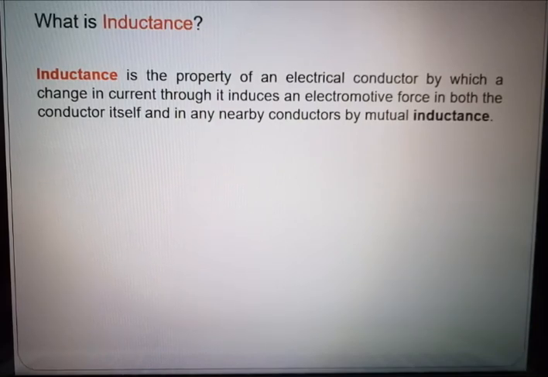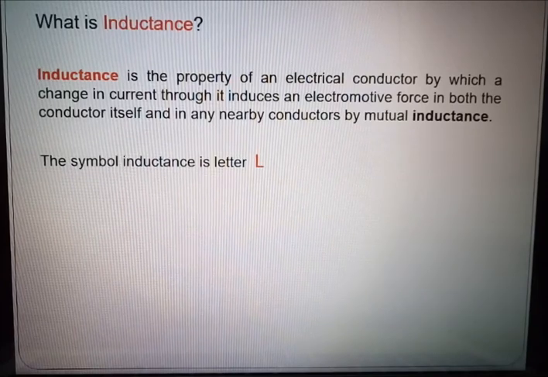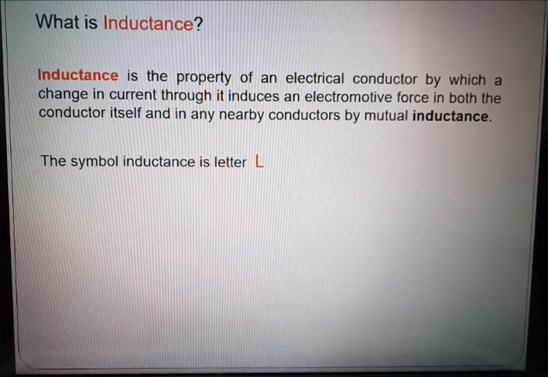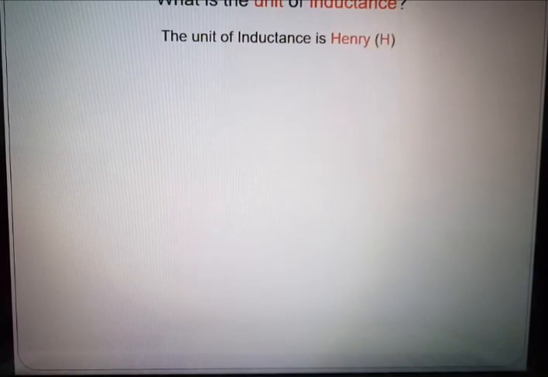Okay, so that is the meaning of inductance. Now the symbol of inductance is the letter L, and the unit of inductance is Henry, or the symbol letter H.